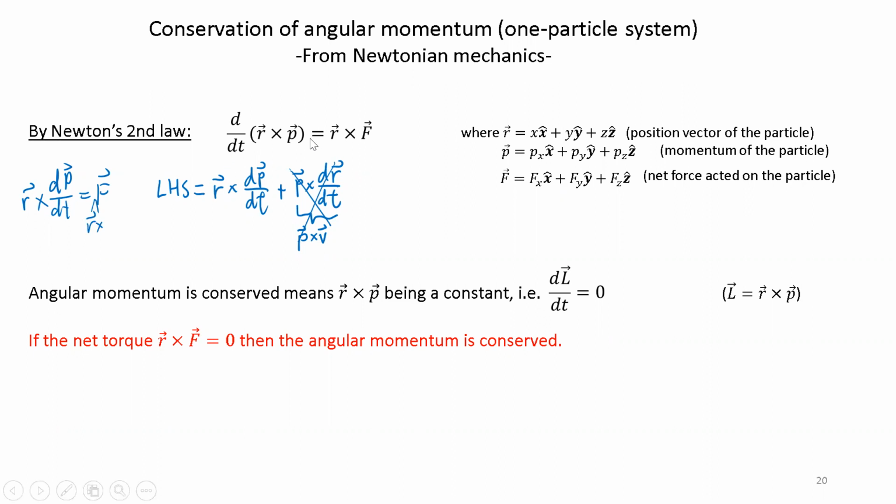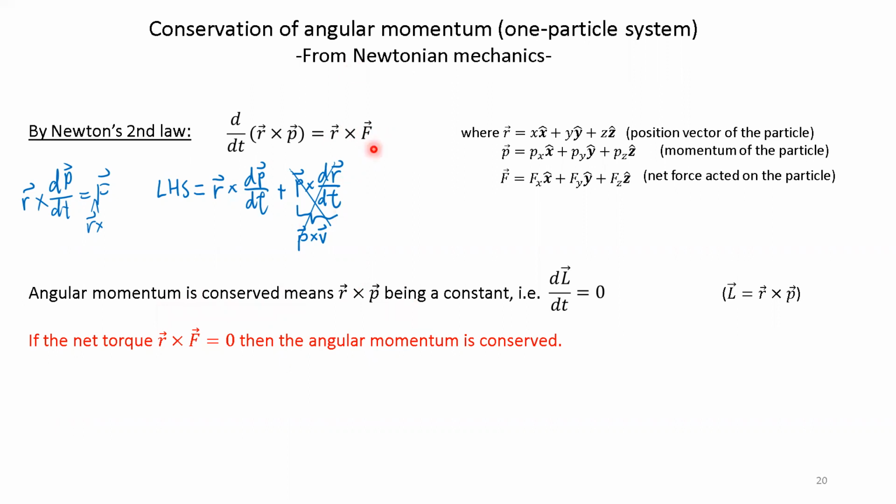So now the left hand side, the time derivative of r cross p, I hope you still remember, is known as the angular momentum. On the other hand, the right hand side, r cross F, is the torque. And now the angular momentum r cross p, of course, I'm just talking about a one particle system.